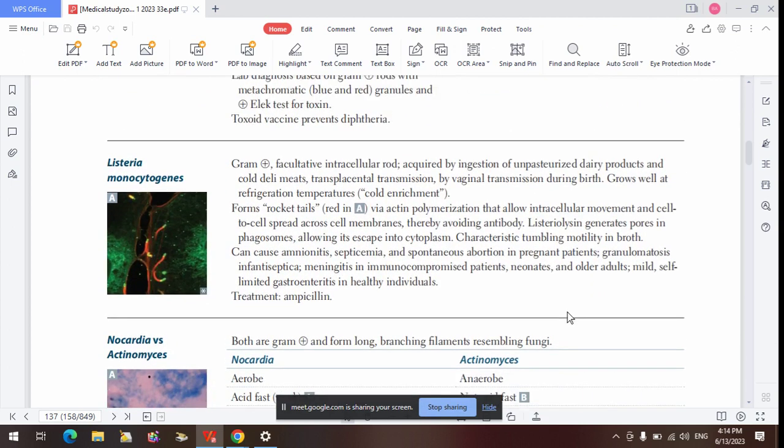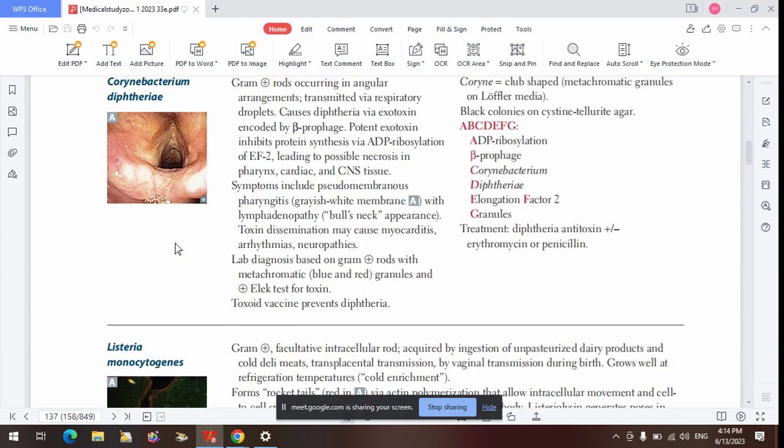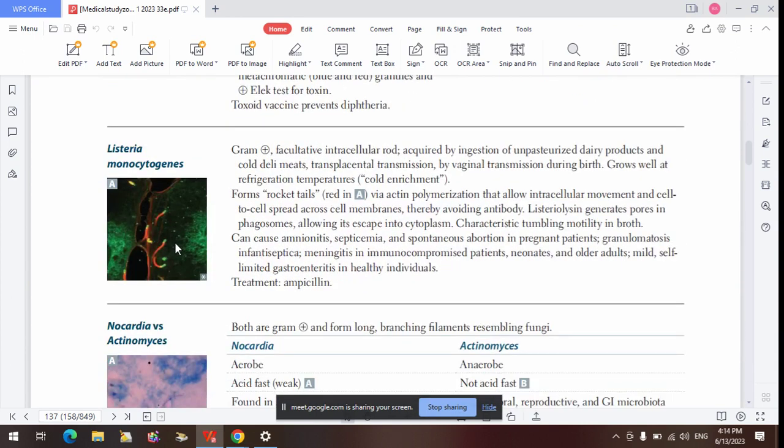Okay, so the last of the gram positive aerobic rods is Listeria. Listeria monocytogenes is the one we are looking at. There are many Listeria organisms, but the predominant one is Listeria monocytogenes.